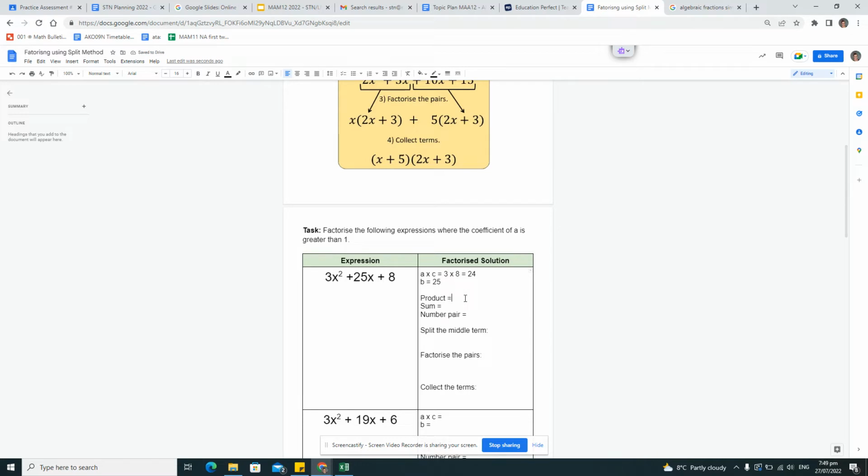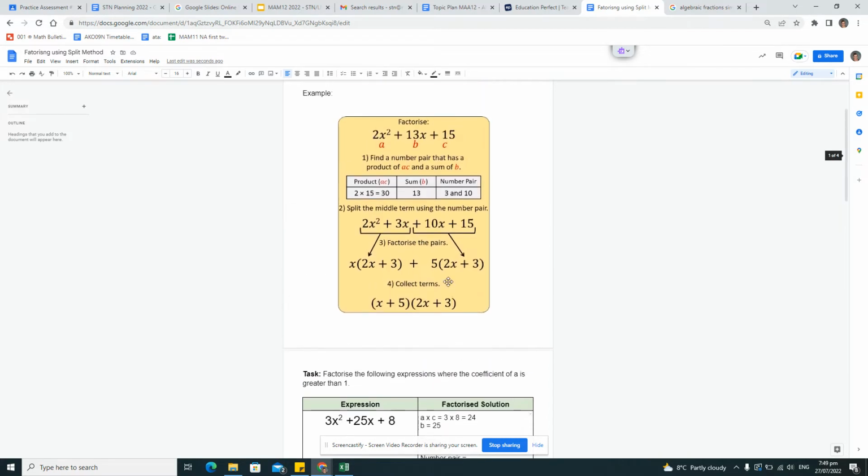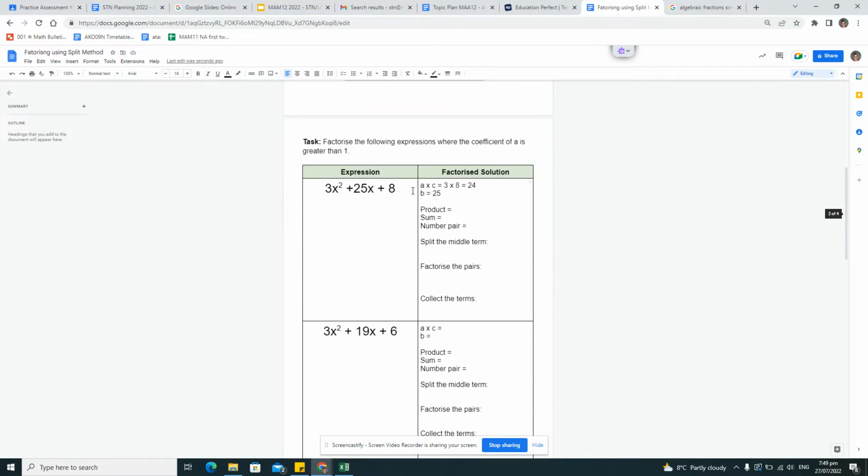So the very first thing you need to do is find a number pair that when you multiply, they multiply to 24, and when you add them together, they add to 25. Okay, so the product of the two numbers multiply to 24, and the sum of the two numbers add to 25.